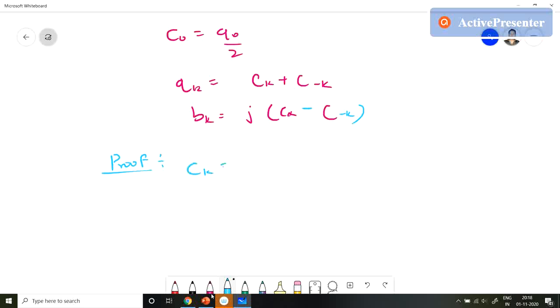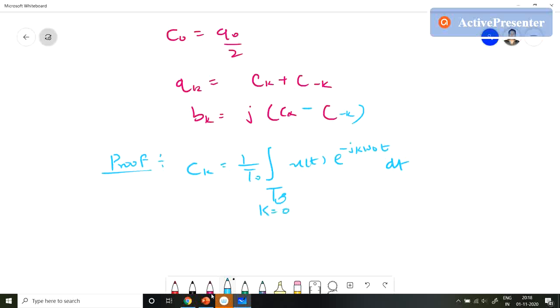So ck is equal to 1 divided by t naught, integral over t naught of xt e raised to the power minus jk omega naught t into dt.